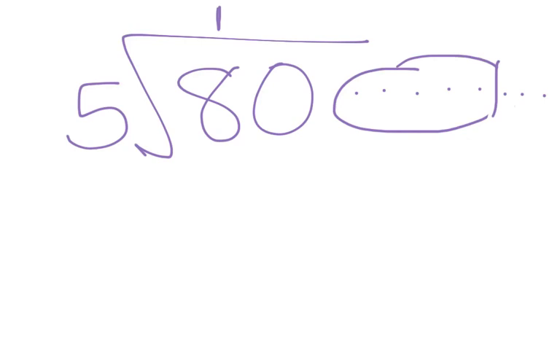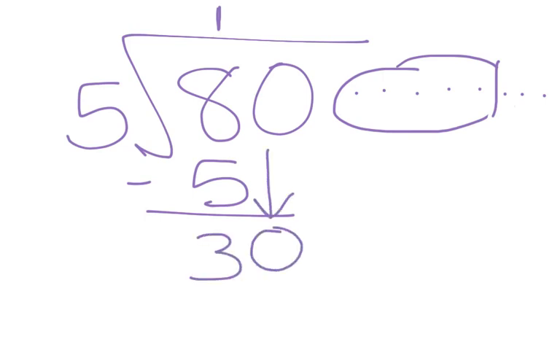So 5 times 1 is 5. 8 minus 5 is 3, and we're going to bring down that 0. And 30 divided by 5, or 5 times what equals 30? And the answer is 6, making our full answer 16.